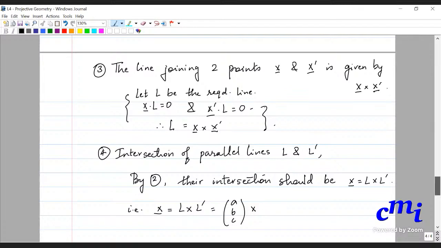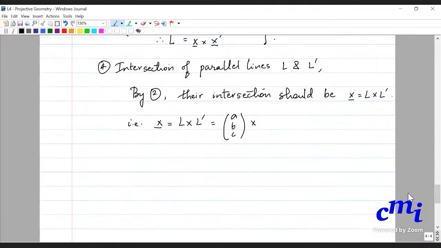Remember where this notation came from. A, B, C stands for the line AX plus BY plus C equal to 0, this line in the plane. A parallel line will have what kind of equation? A scalar multiple of A and B, plus a different C. Your C will change. This y-intercept could be something else, but A and B will be the same.